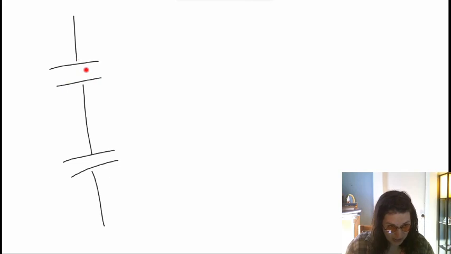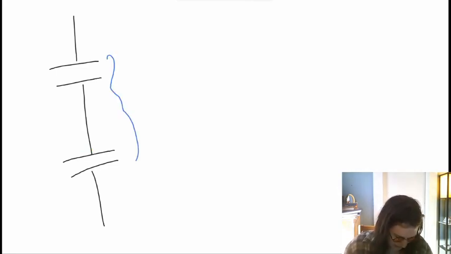This is one capacitor with two different plates. And notice that there's a wire that is connecting one of the plates of this capacitor to this other capacitor down here. And so this is what is called a series connection. We would say that these capacitors are connected in series.